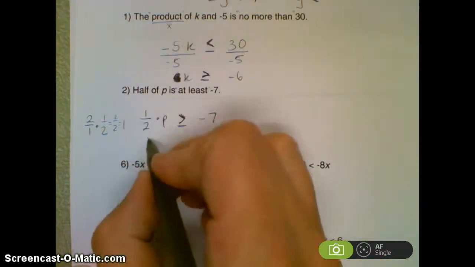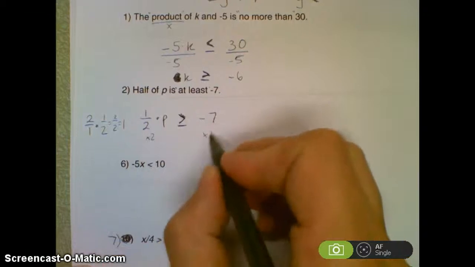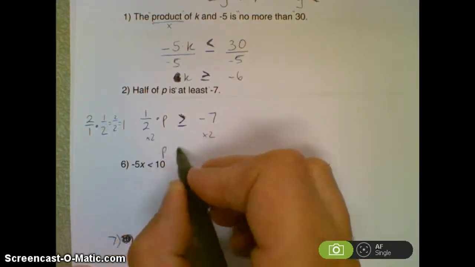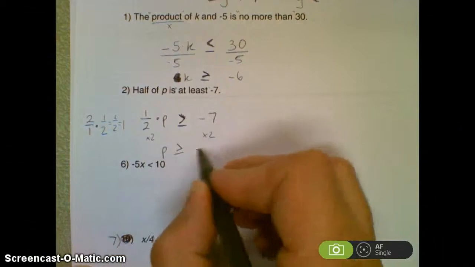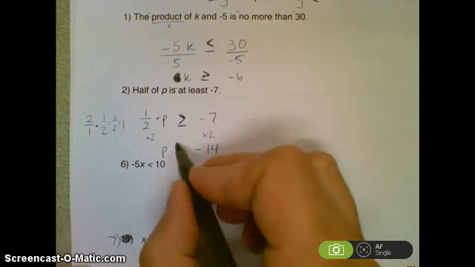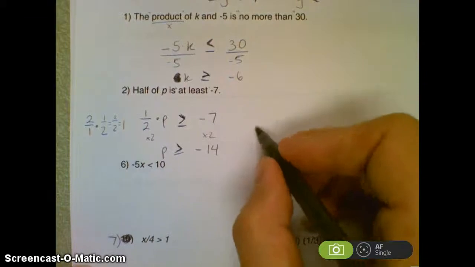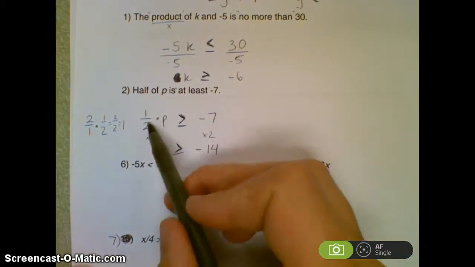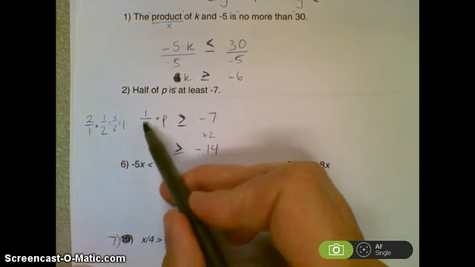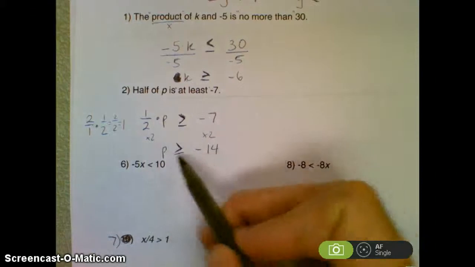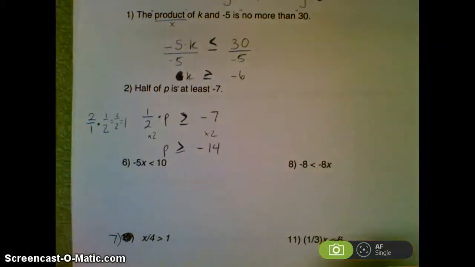So I can just say times 2 and times 2. And my answer would be p is greater than or equal to negative 14, because I had a negative times a positive. Now notice that the sign stayed the same. The sign stayed the same because I did not have a negative coefficient. I didn't have a negative sign in front of this p. So that sign is the same. P is greater than or equal to negative 14.